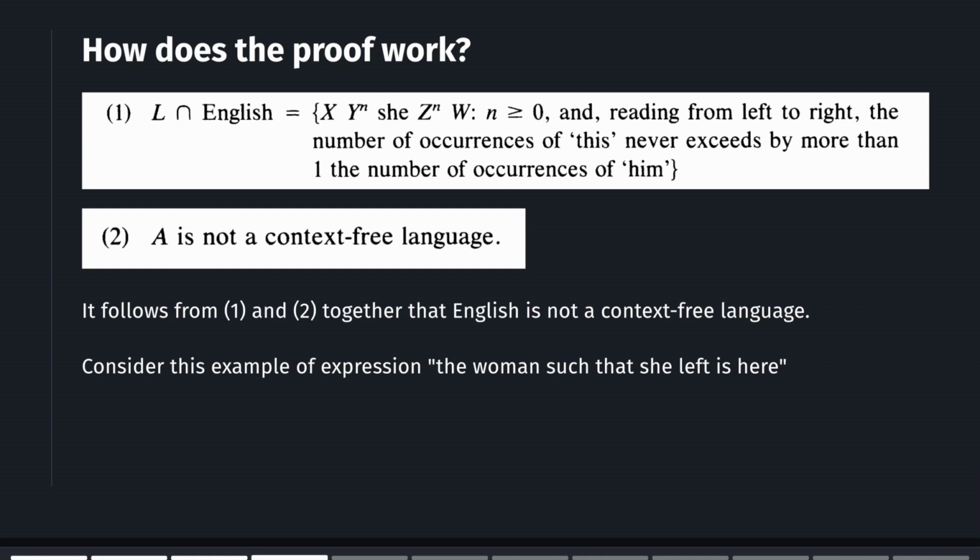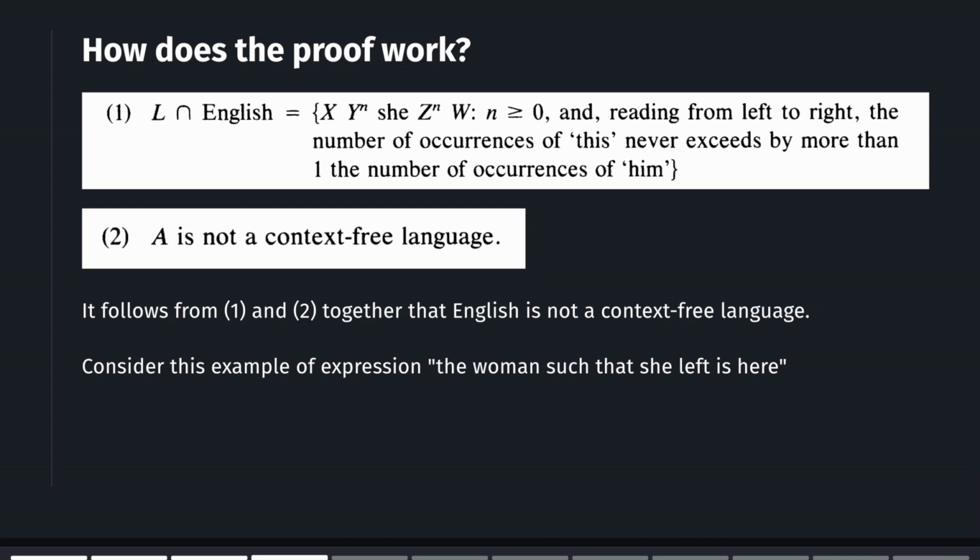Consider the following expression: "the woman such that she left is here." This is an English sentence and belongs to A, satisfying the conditions. Let's break down the structure.